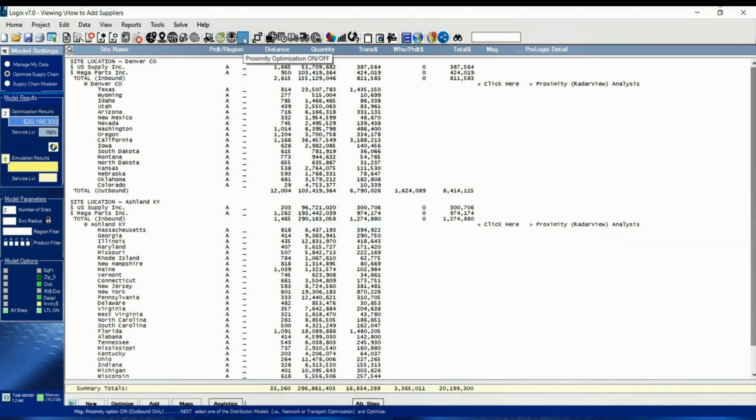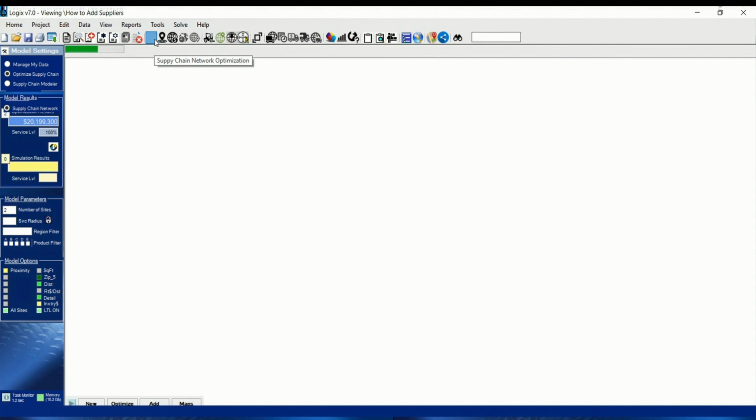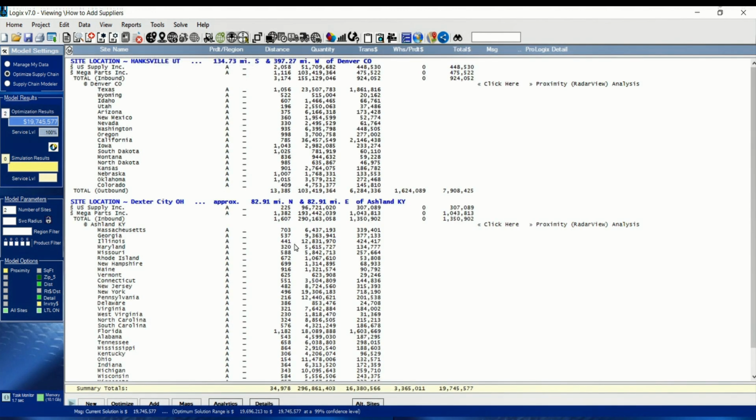Now, if we click on proximity and then run supply chain optimization, again, we'll see that the solution is displayed here, Dexter City, Ohio, 82 miles northeast of Ashland, Kentucky, and Hanksville, Utah, at a further reduction in cost, at a cost of about $19,745,000 for the optimum results.